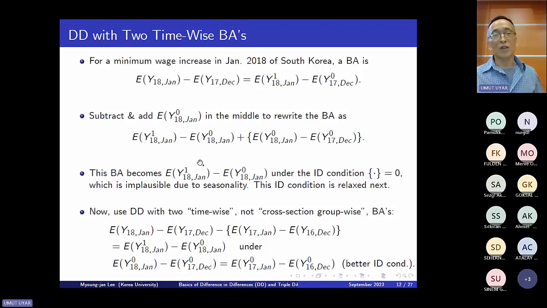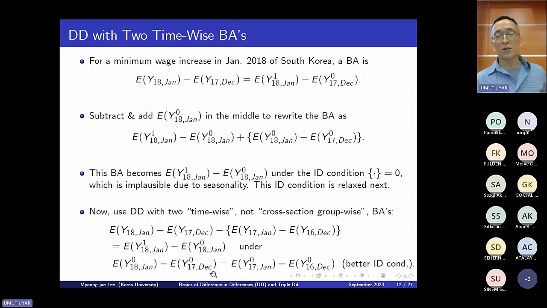So what we can do to improve on this BA is to use DD with two time-wise BAs. Instead of simply looking at this, you go 1 year back and you subtract this BA. This BA is for the same months, January, December, but there is a 1 year lag: 18, 17, and 16.